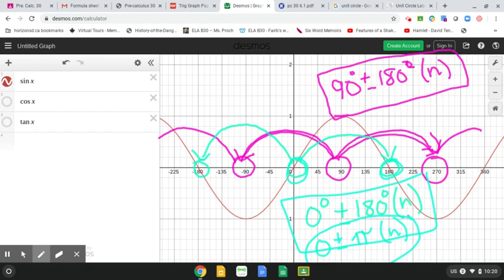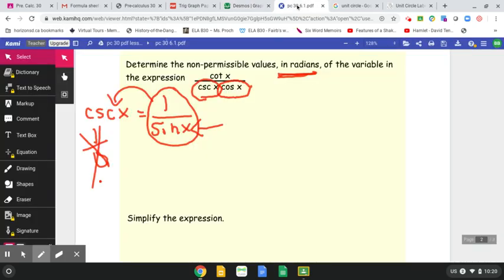So instead of 180 degrees, we're just going to write pi. So back to here: this is going to be 0 plus or minus pi n. All right, so that one's good.